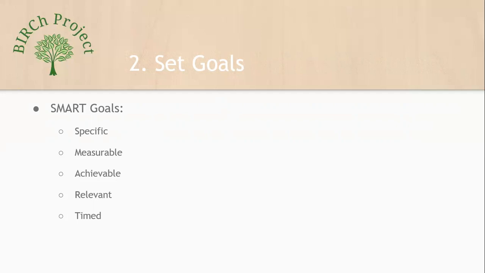So the extent to which our goal focused on conduct is relevant to students' education and the goals we have for them in the broader educational sense. And then timed. By when do we want to see this change happen? With SEB screening, given that you administer screening typically 2 to 3 times a year, your time frame for these goals is going to be typically from one screening period to the next, or over the course of the whole year, from fall to spring screening.